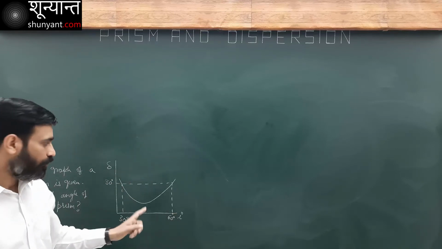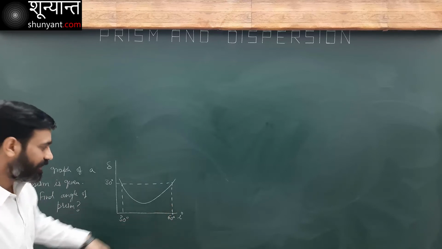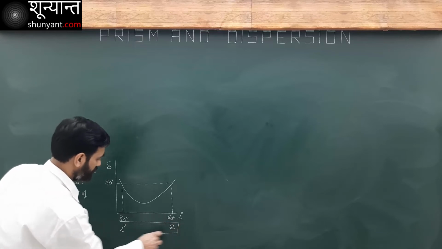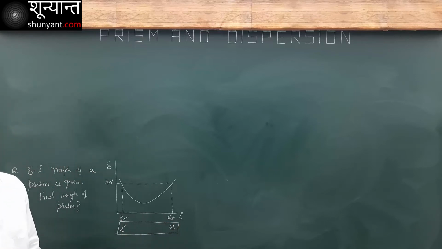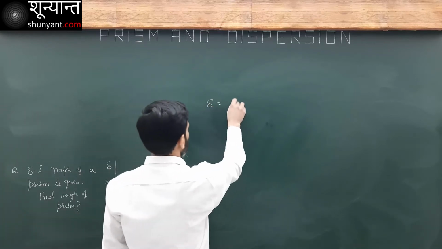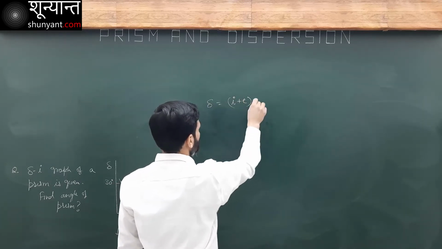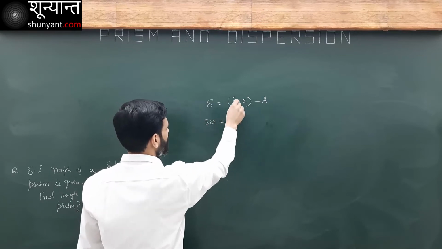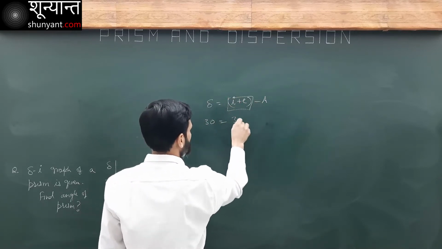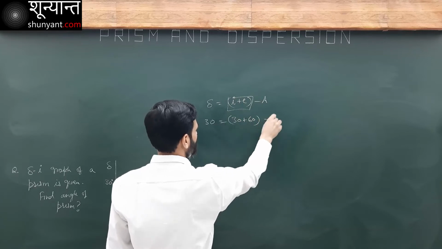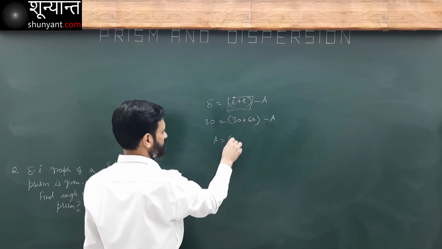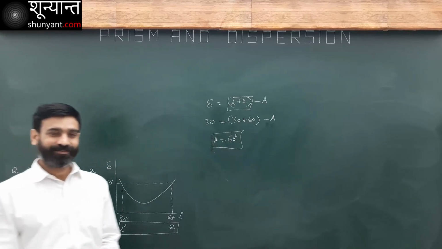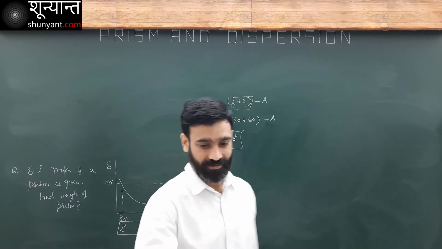What it means is that if one of them is angle of incidence, the other one becomes angle of emergence. As simple as that. What is delta? Delta is I plus E minus A. So this is 30 is equal to 30 plus 60 minus A. What is A? A is 60 degree. That's it.